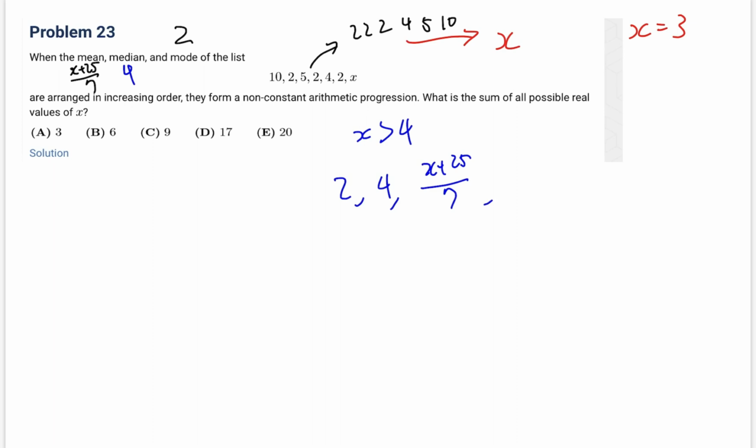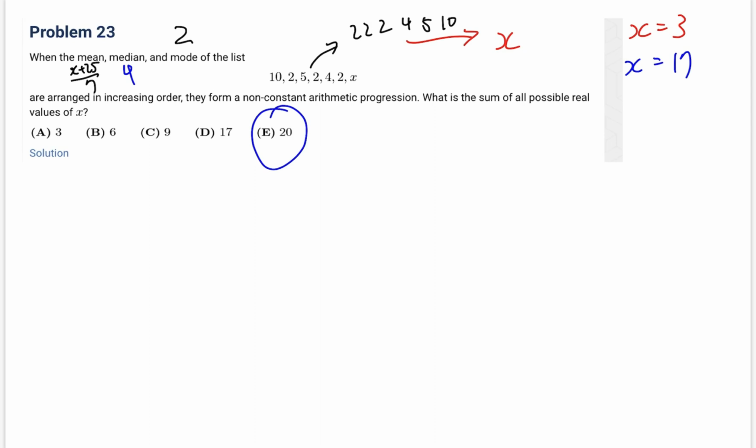And so x plus 25 over 7 will be equal to 6. X will be 42 minus 25, which equals 17. So x would be 17, and these are the only two values. And so if we add them all up, it's 20, so it's E.